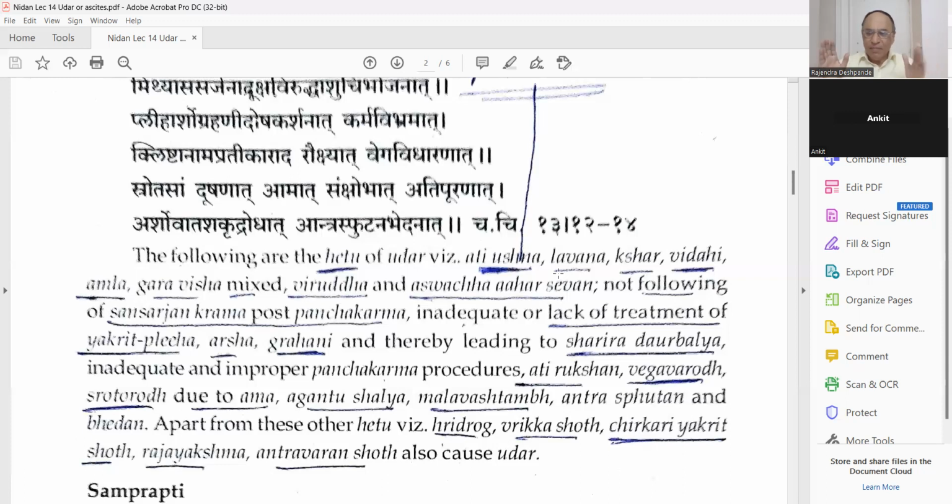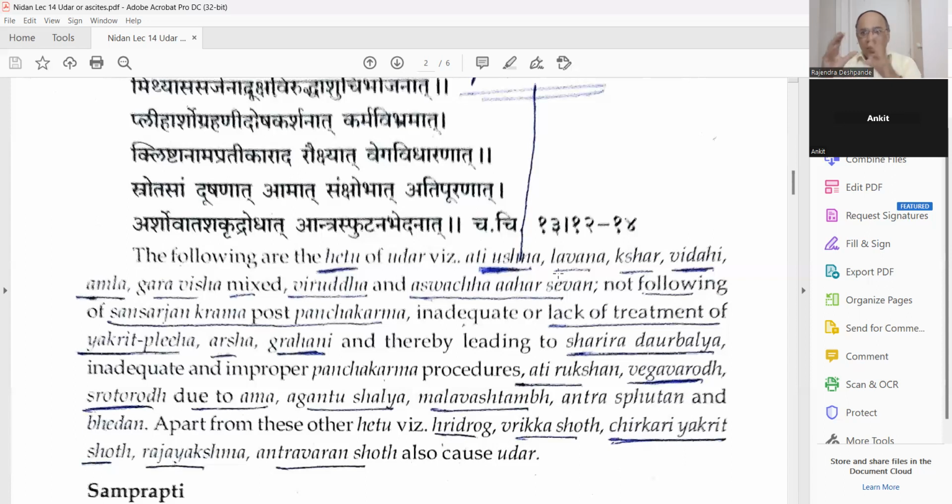Always. Basically, ascites is related with the liver. Please write down, ascites is related with the liver. Because Yakrit, the liver, is the moola sthana of Rakta Vaha Srotasa. Liver is a big factory, and that liver is damaged because of alcohol.